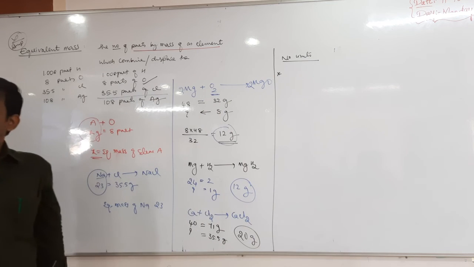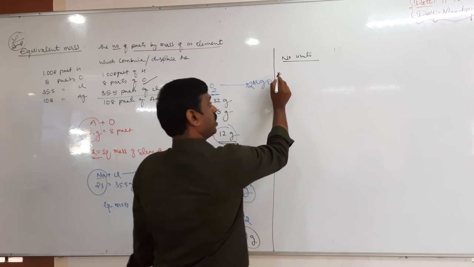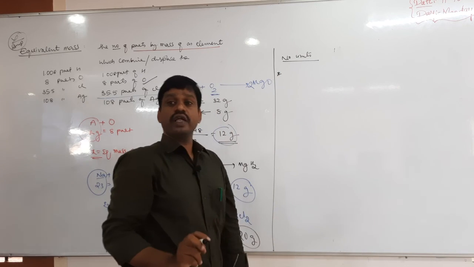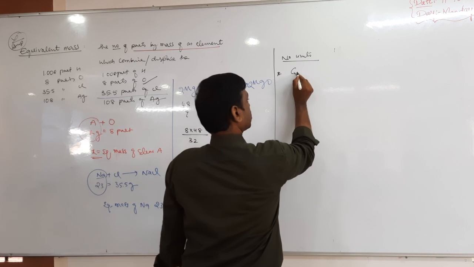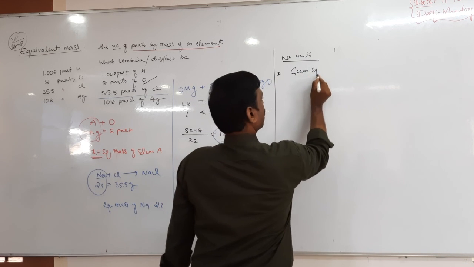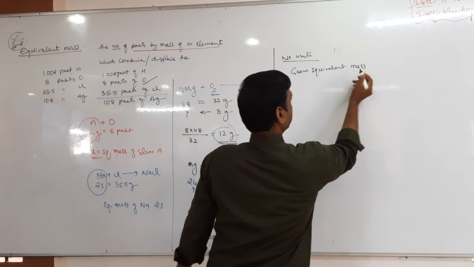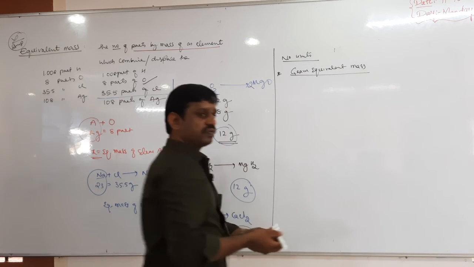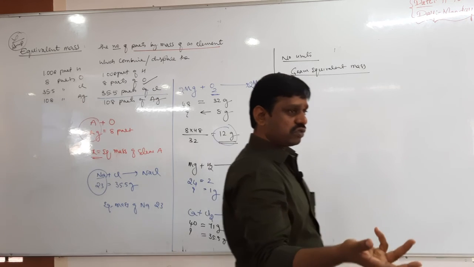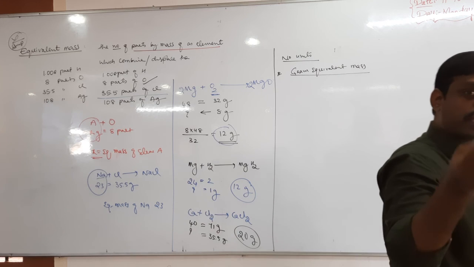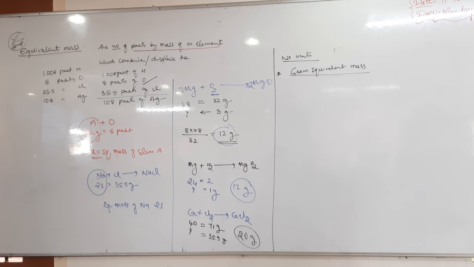Now, equivalent mass has no units, but we can write units in the form of gram equivalent mass or gram equivalent weight. Next is gram equivalent mass. Tell me, what is the gram equivalent mass? If the equivalent mass of any element is expressed in grams, it is called gram equivalent mass.